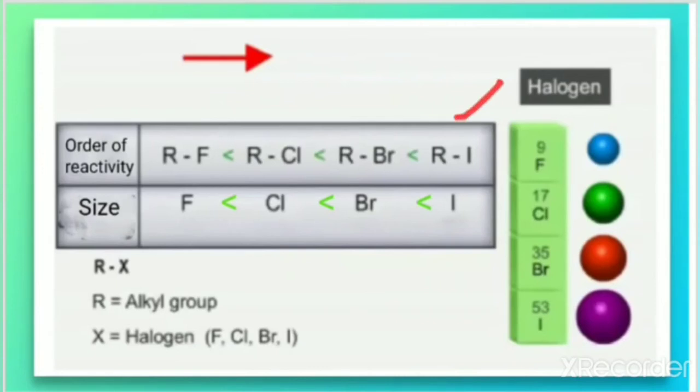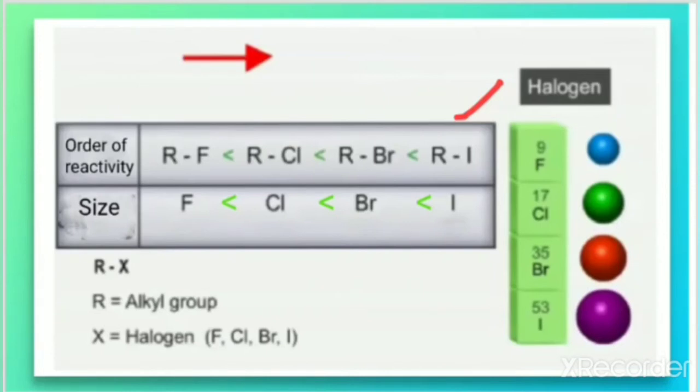Therefore, the bond can break easily. That means the I negative can leave very easily. Therefore, iodide ion is regarded as the best leaving group. And because of this, iodoalkanes undergo nucleophilic substitution reaction at a faster rate.